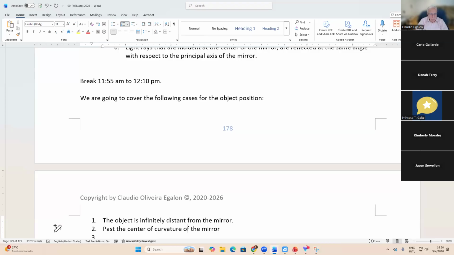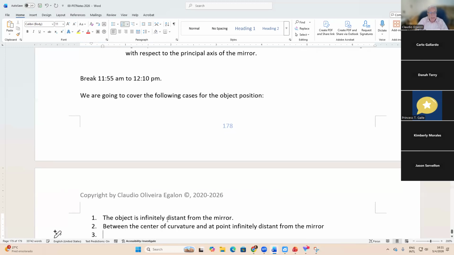Past the center of curvature, right? Here you go. Between the center of curvature, that's the one I illustrated, and a point infinitely distant from the mirror, like that.